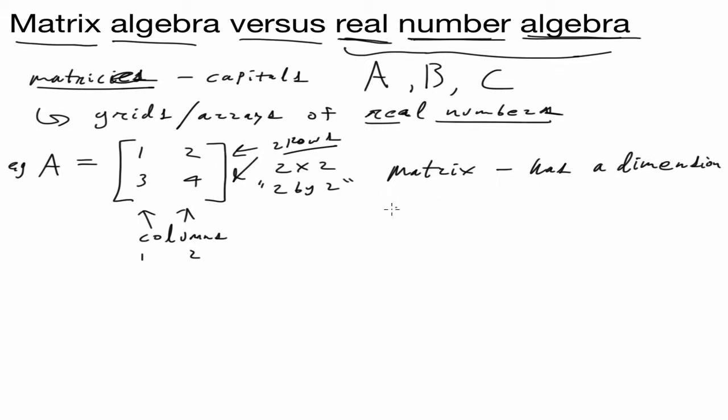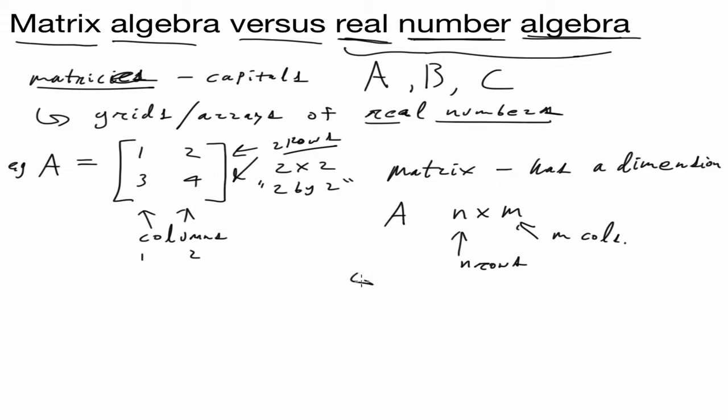So in particular, of course, a matrix can be n by m, and that means it has n rows and m columns.